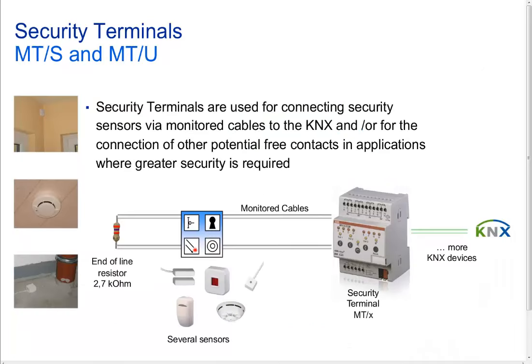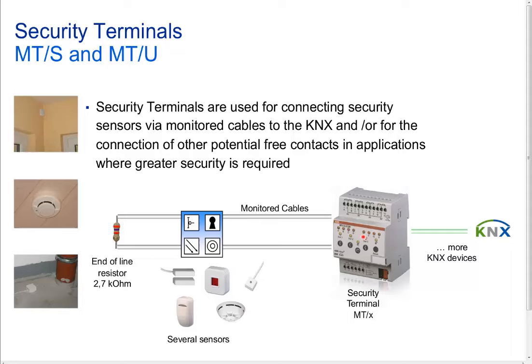How to connect? In principle, it's a binary input, as I've mentioned already, but a bit different. First of all, any type of sensor or security sensor can be connected here with a potential free contact. And this end-of-line resistor we can use, but we don't have to. It's also possible to work without an end-of-line resistor. It allows us to monitor the cabling between the sensor and our security terminal.